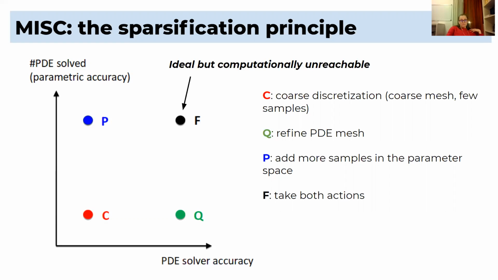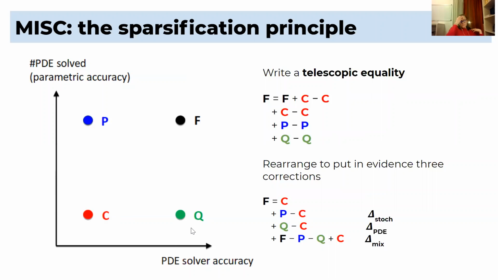This would be too expensive. So how do we do? How can we approximate this F by perhaps taking into consideration these other coarser discretizations? Just to understand the principle, we can write a telescopic equality.